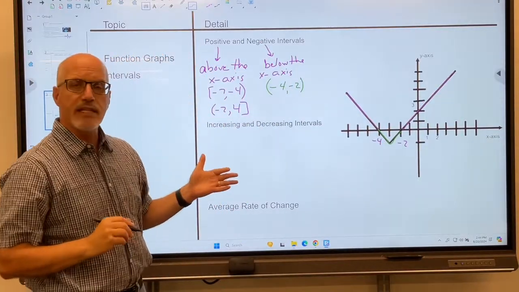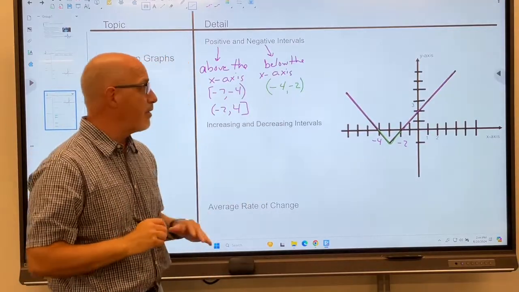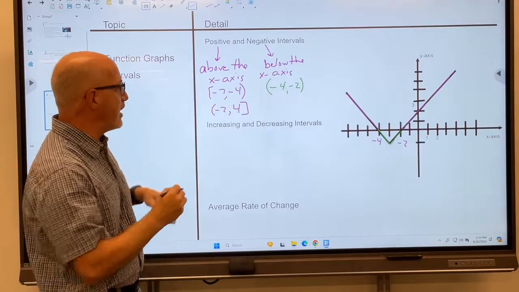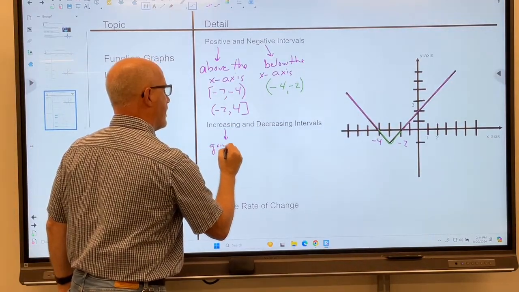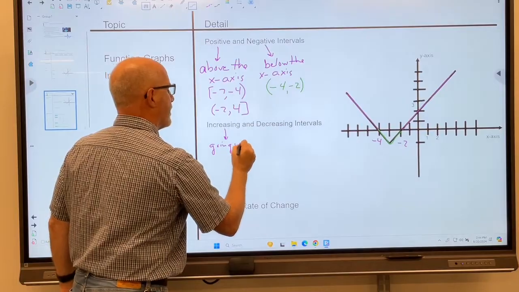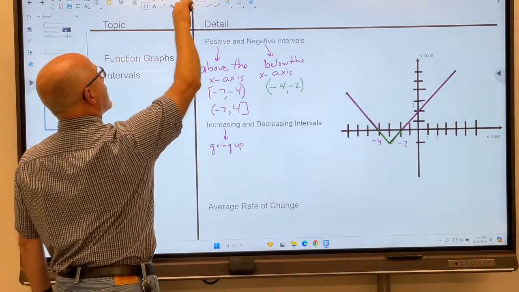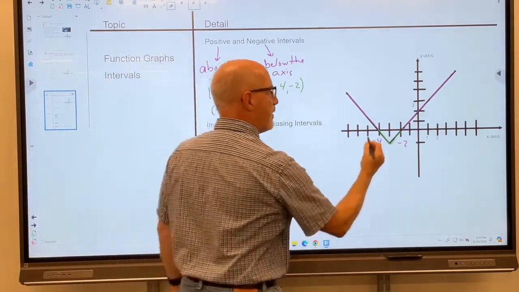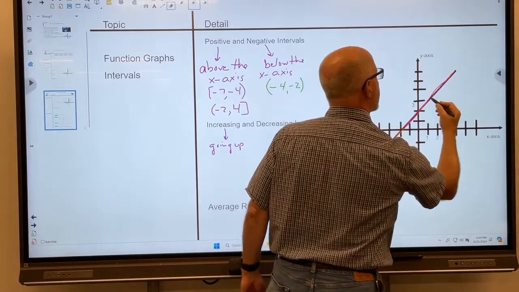Now increasing and decreasing talks about whether it's going up or down, not whether it's above or below. So increasing would be going up. Let's take a look at this one in red. So going up would be from here up like this.